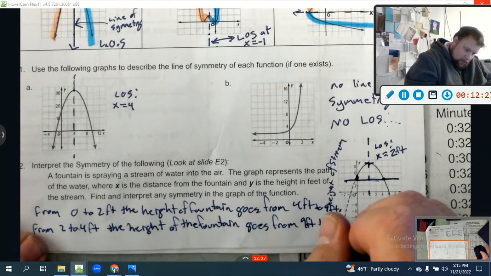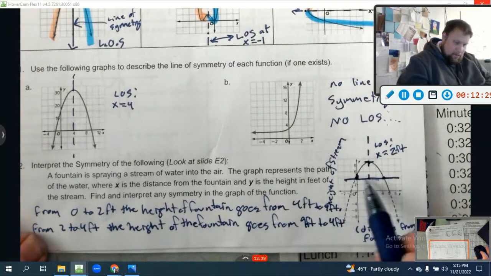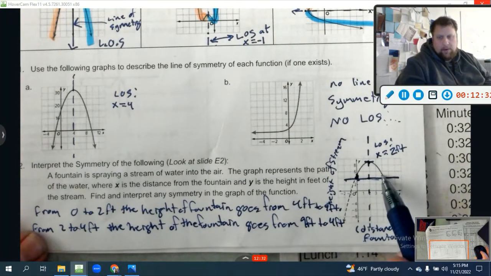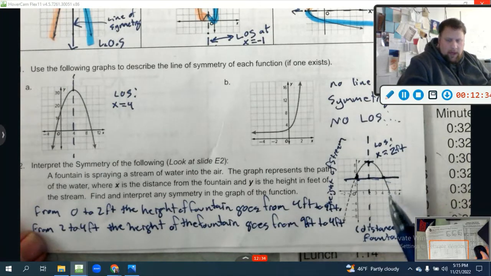So it goes back to the same place where it started, okay? And we can see if we go past that, then it's going to go down to ground level or water level like we saw in that fountain.